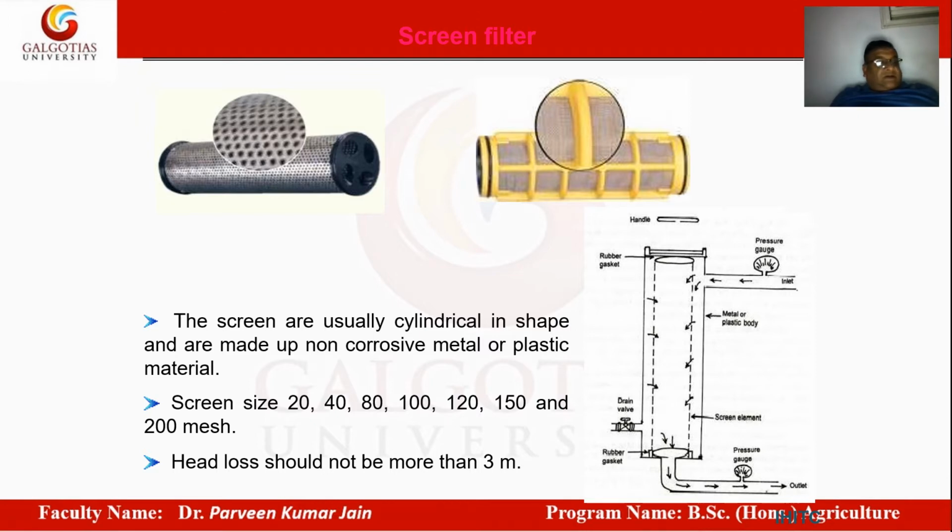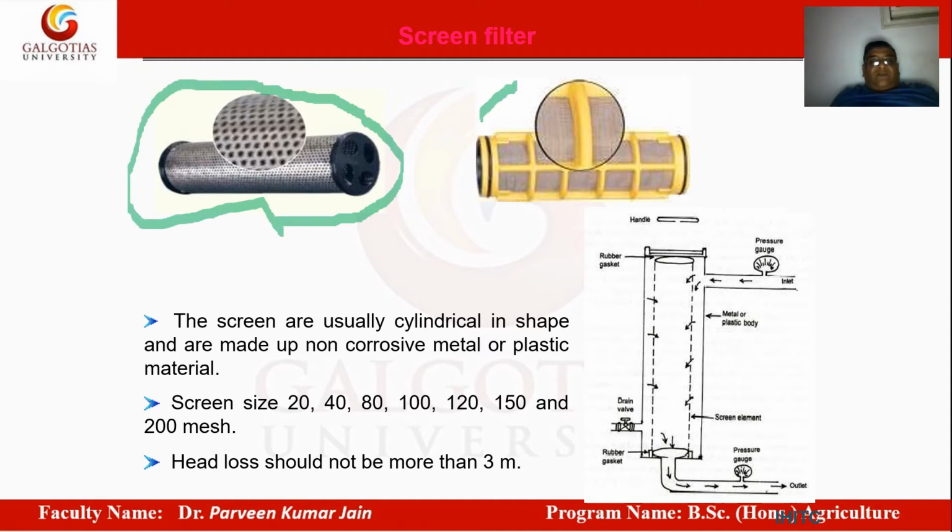Then another type of filters is screen filters. The screen filters are also of different types, but the functioning is the same. They are always installed after the hydrocyclone filter or after the sand filter.